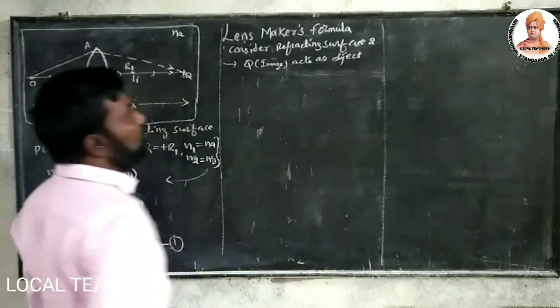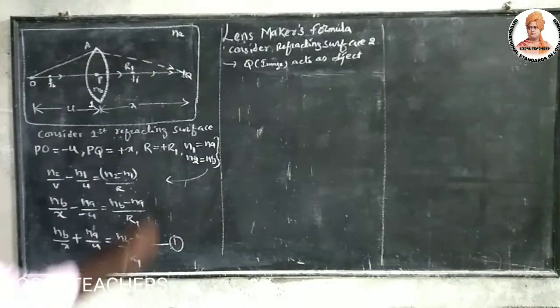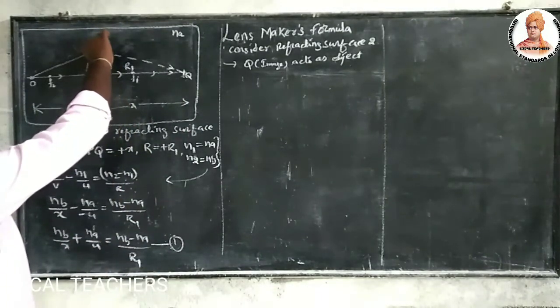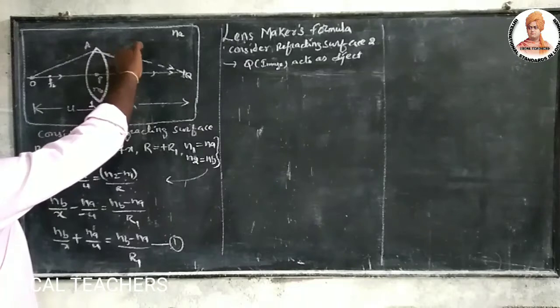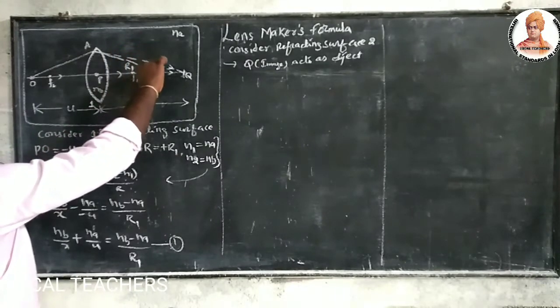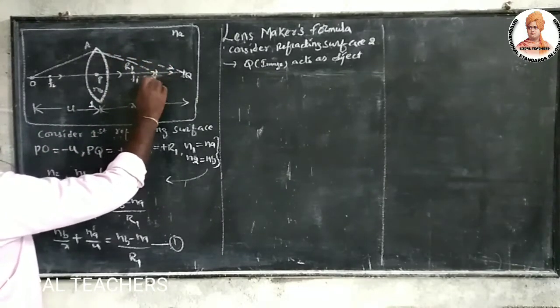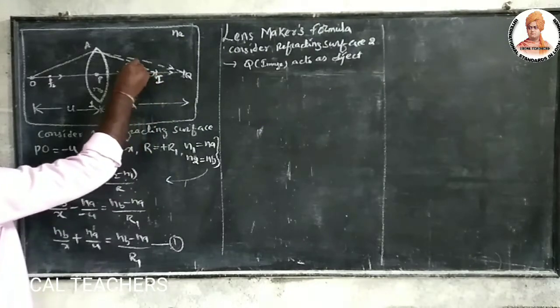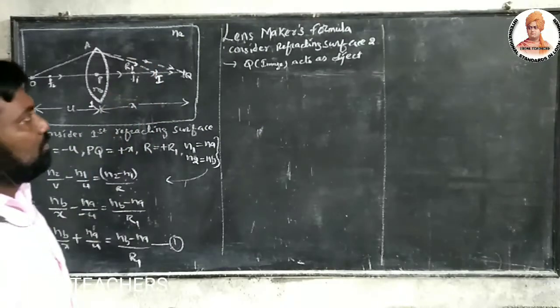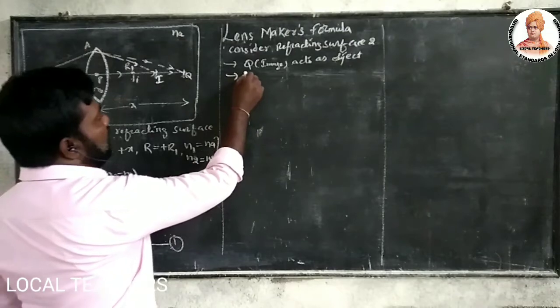When it acts as an object, this refracting surface will form an image at point I.